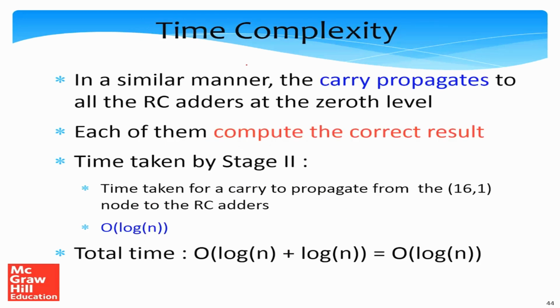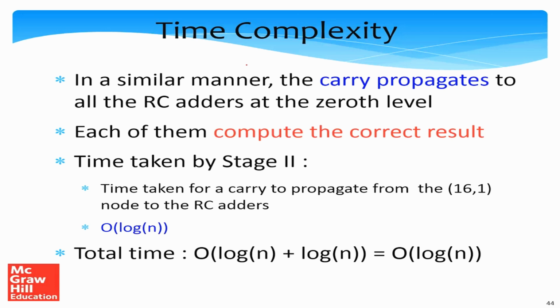And then let's move to slide 44. So in this slide, let's take a look at the time complexity. So the time complexity is that it's the time taken for a carry to propagate from one node to all the other nodes.